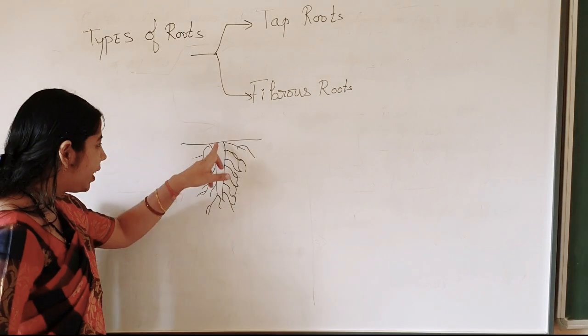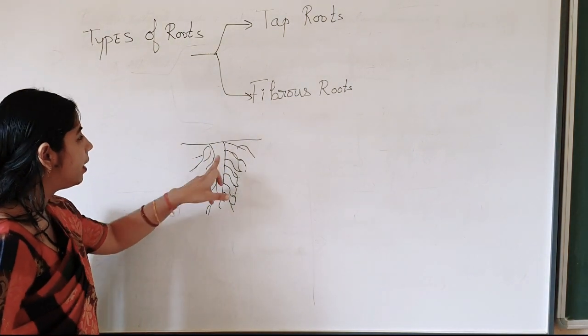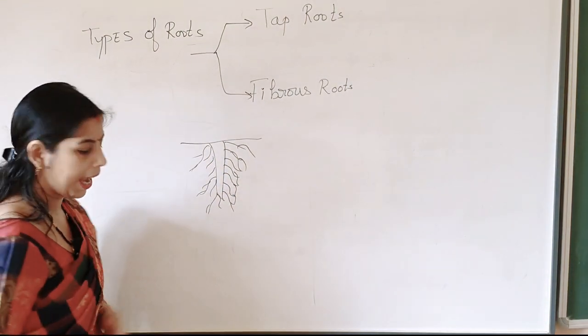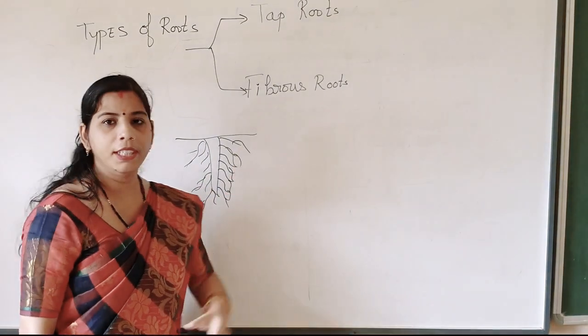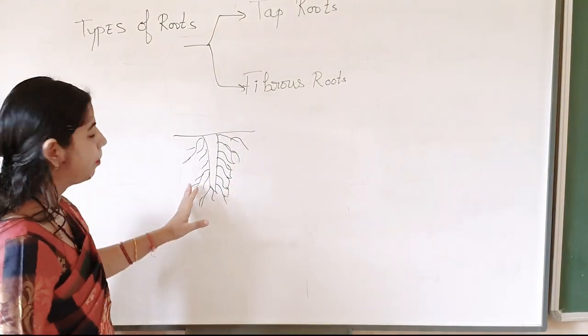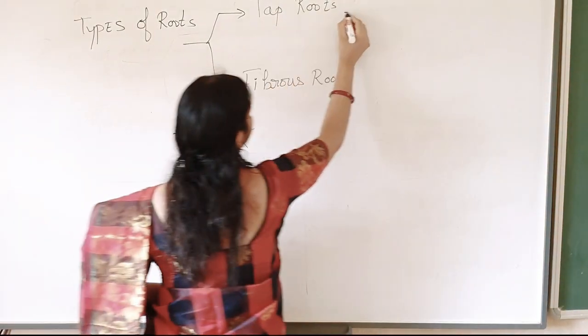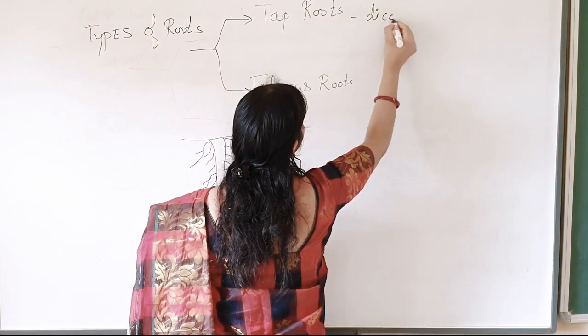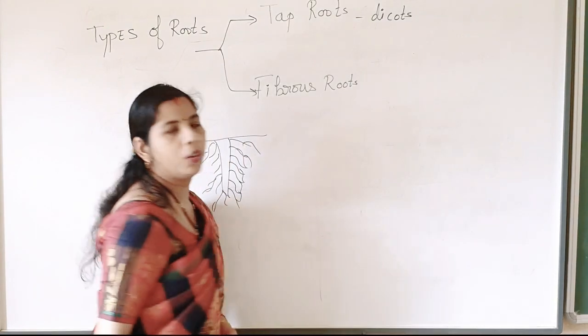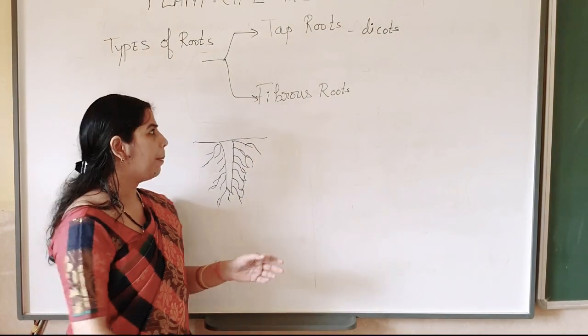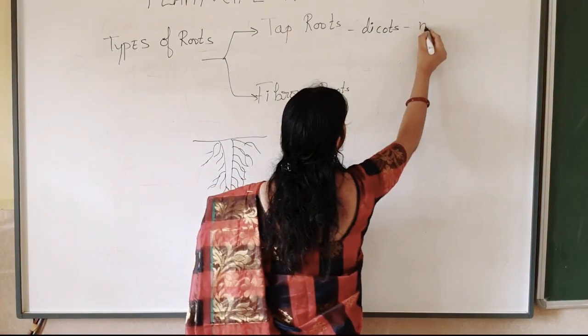So because of this main primary root, this root is known as the tap root. And tap root, it is basically present in the dicots, or if we will discuss about the example, so like mango.